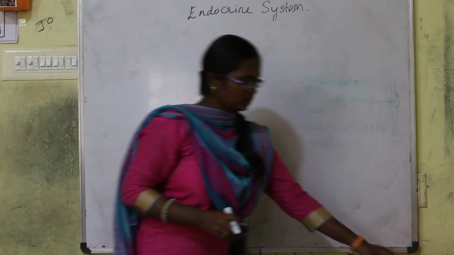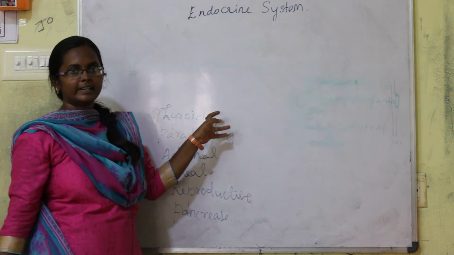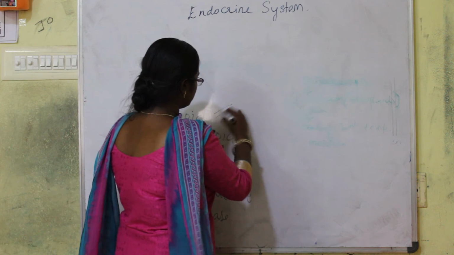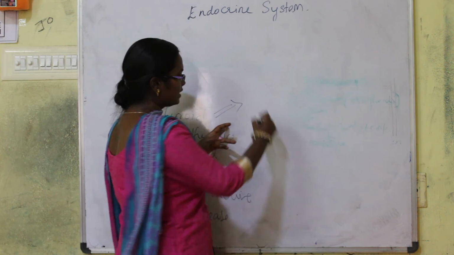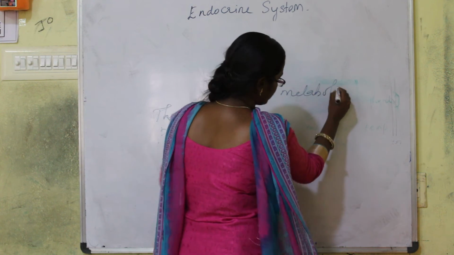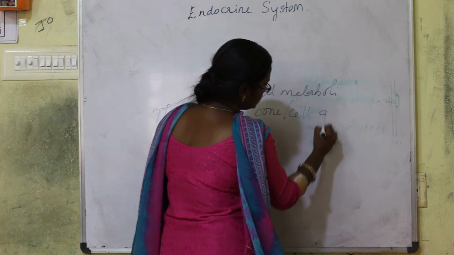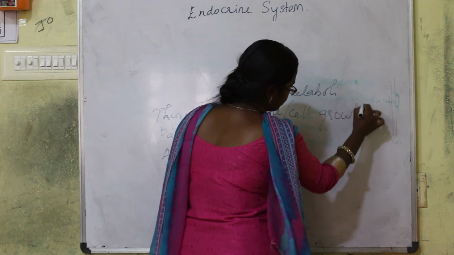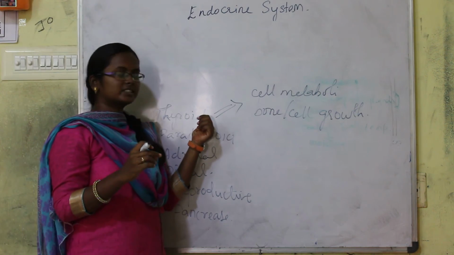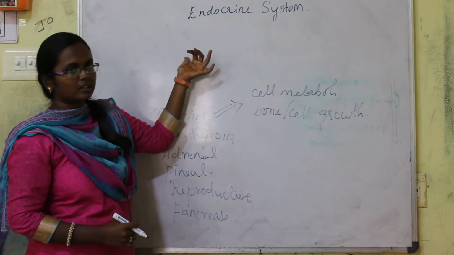So third one is thyroid gland. It is located in the lower part of our neck. It is used for functions like cell metabolism and bone or cell growth. The thyroid is not as important as our pituitary gland or hypothalamus.